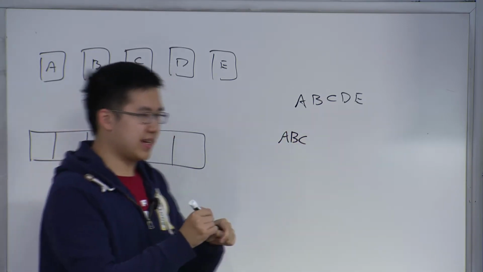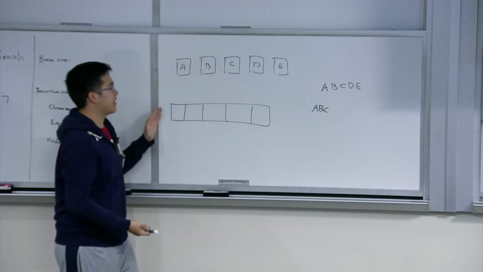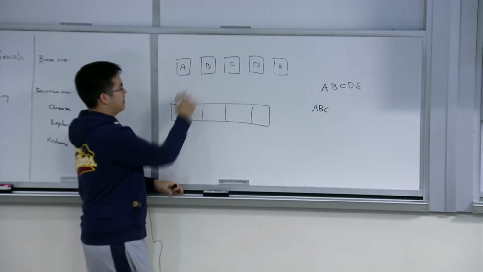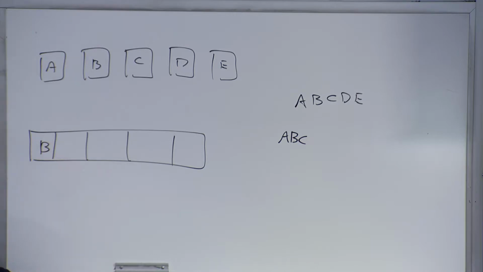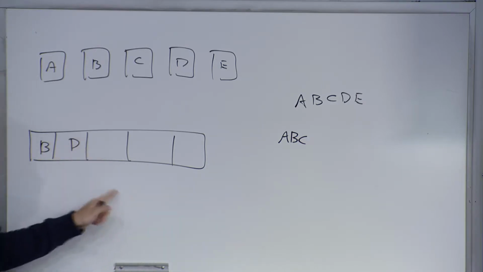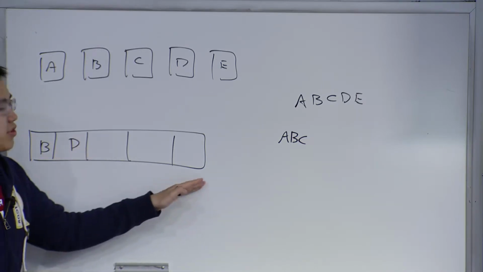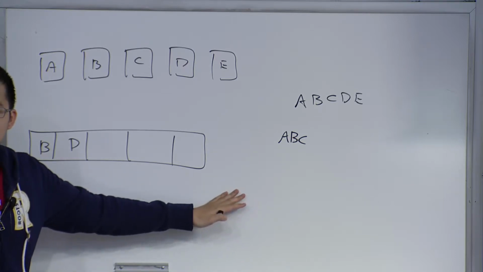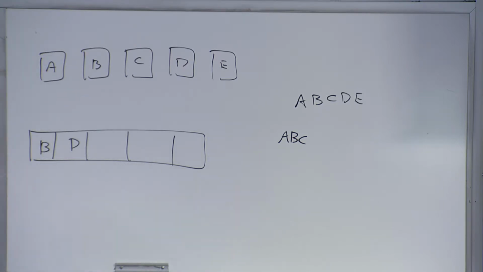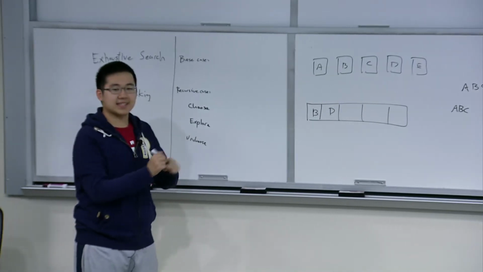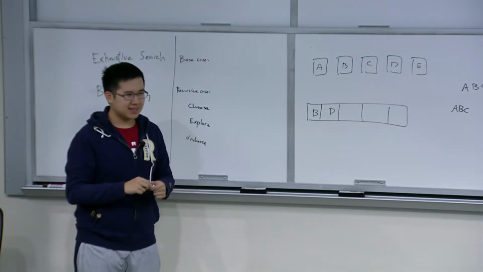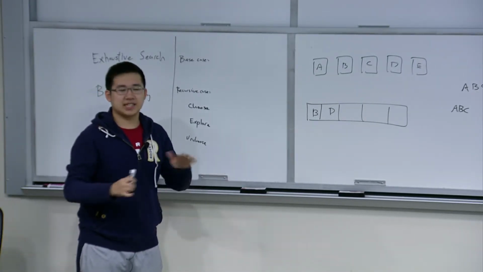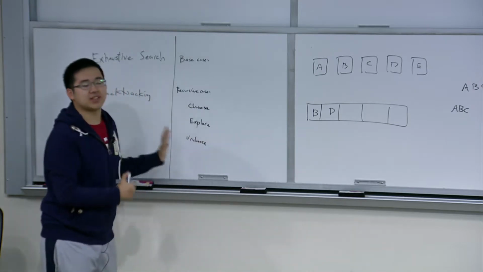So your first step could be, I'm going to put B in the first step, and I'm going to put D in the second step, and so on. You're going to keep doing that until you don't need to make any more choices. When you're done with choices, then you can check if that is a valid solution. Does that make sense? That's a little abstract, so let's dig into an example, and you can see that in action.